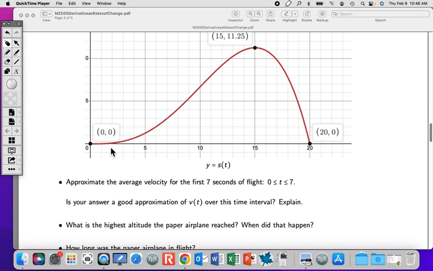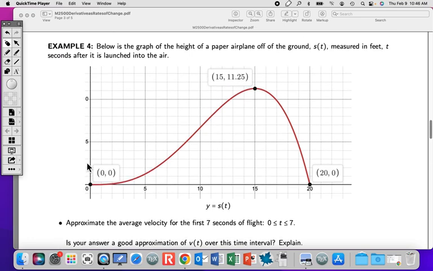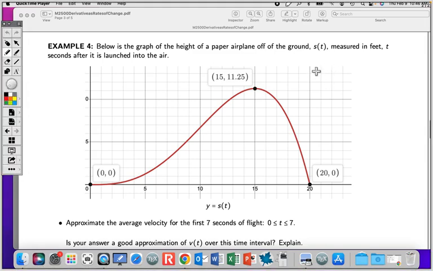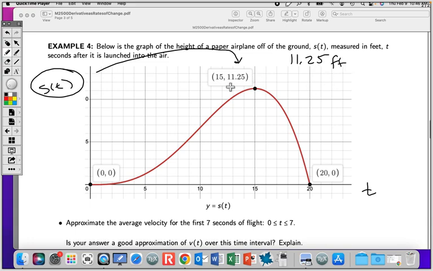Next question: what is the highest altitude the paper airplane has reached, and when did this happen? The points on this graph are t comma s of t. So if I'm looking for the highest altitude, I'm looking for the largest value of s of t, which would be right here. The highest altitude would be 11.25 feet. When did this happen?